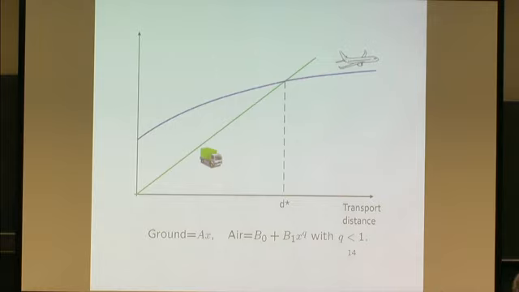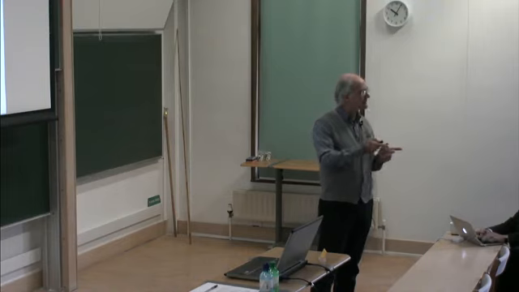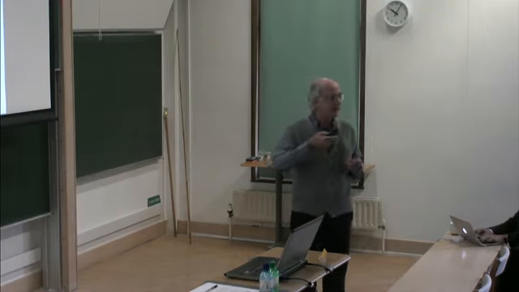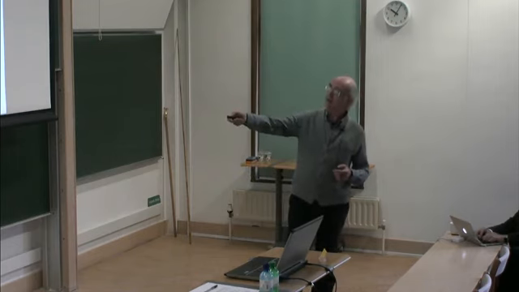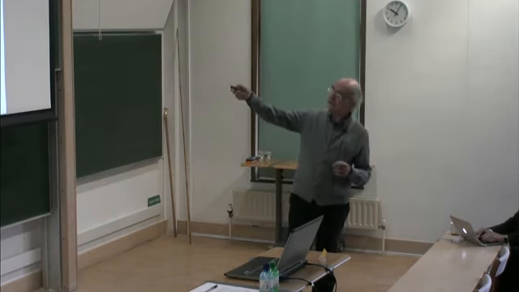The profile is even convex, so this green line should be even convex, which means that the exponent p is bigger than 1. It is easy to understand why the cost should be convex, because on a small scale, if you go farther, you should pay, I don't know, the meal to the driver and overnight to the driver, and so the green line here is linear, but could be even convex, but never concave.